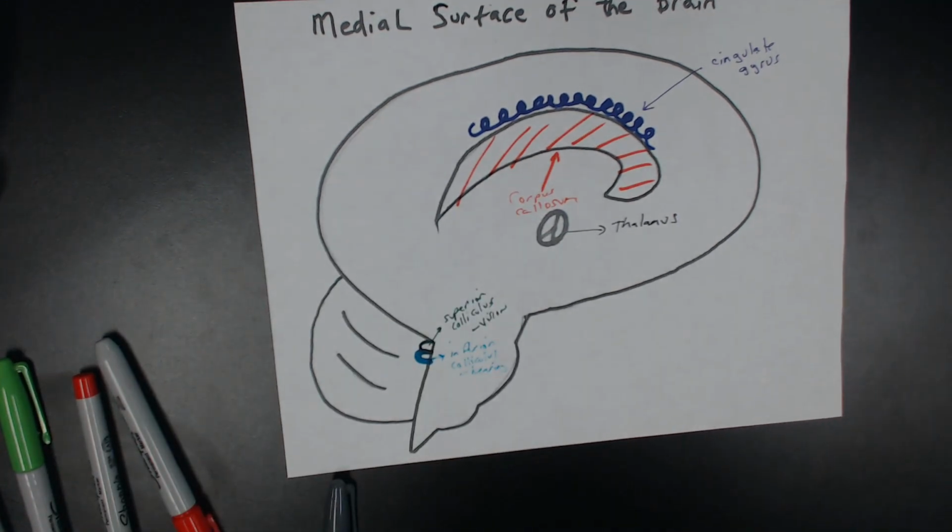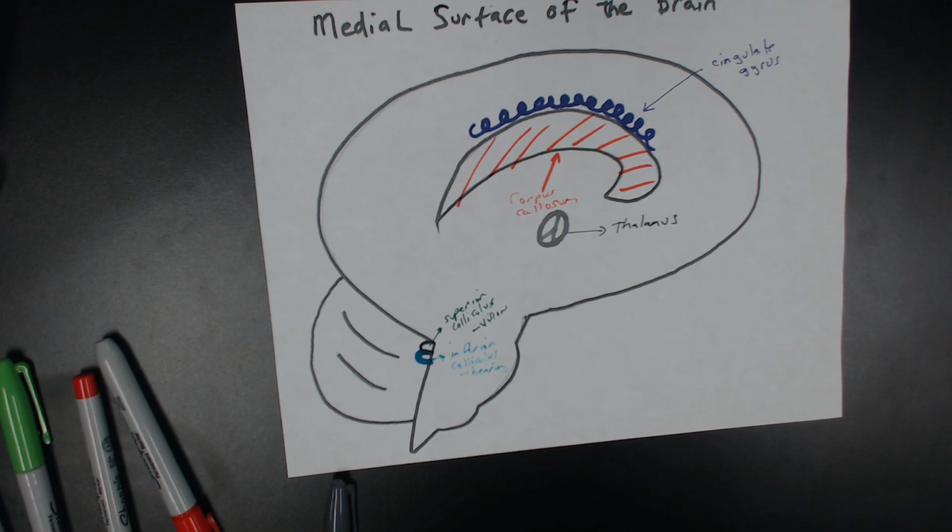Okay, and when we talk about how sounds are processed in the auditory central pathways, we'll see the inferior colliculus.